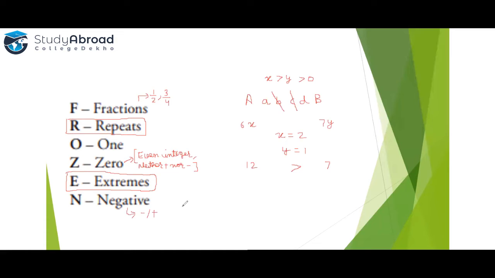For example, if in the question they have given a condition that x is a non-negative integer. This is given to us, right? Now, if x is a non-negative integer, how does the student think?